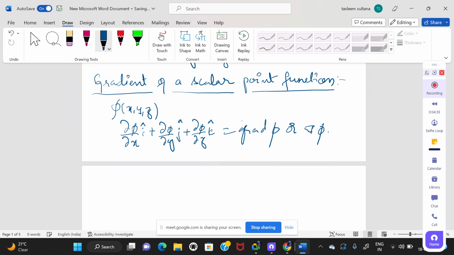Aditya, you're making the notes now? You're writing the definition what I'm saying? Ma'am, basically it's the vector differential operator on a function. Hello, can you hear me? Yes, ma'am, I can hear you. I'm making notes, ma'am.